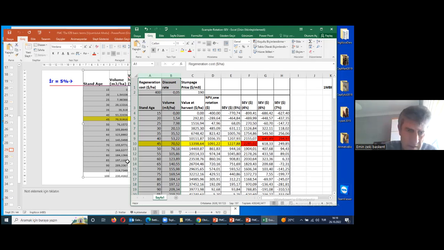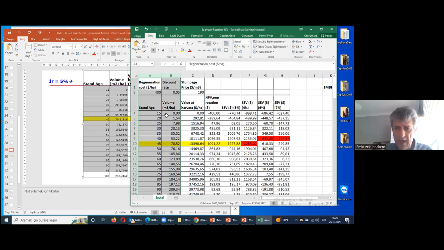So the stand grows according to this curve, and the stumpage price is a fixed stumpage price. Discount rate is also fixed, 5%, and there is a regeneration cost. The sequence of treatment is that we're going to just harvest, clear cut, and then regenerate with plantation. That is the set of treatment that will be applied over and over.